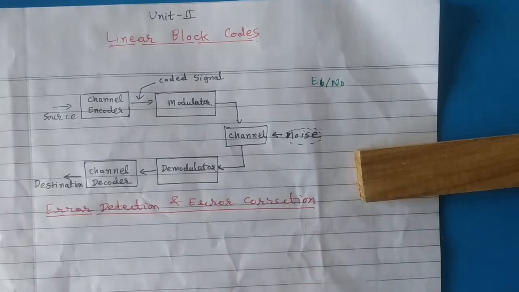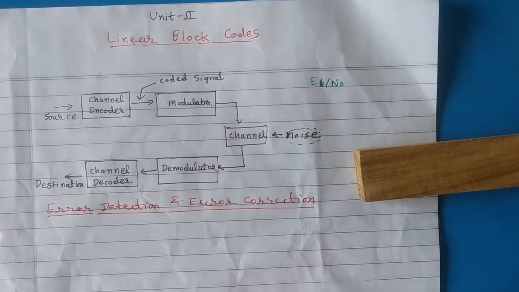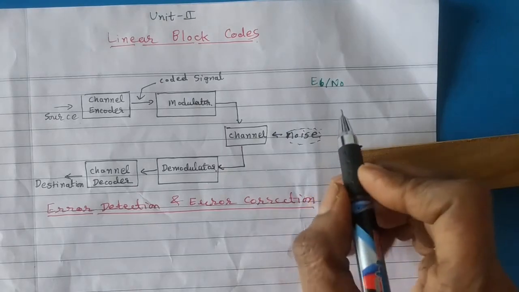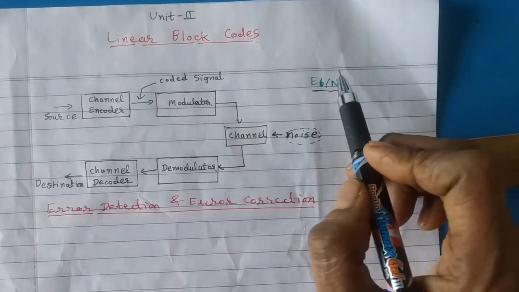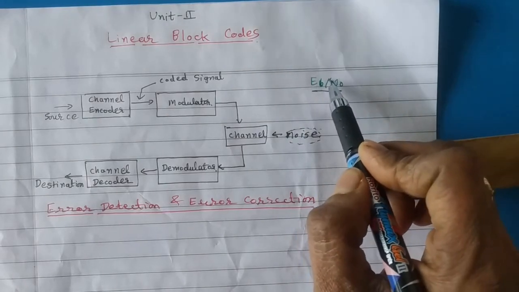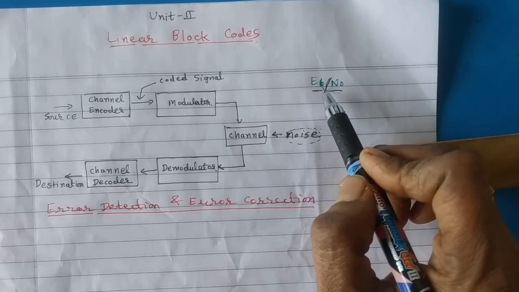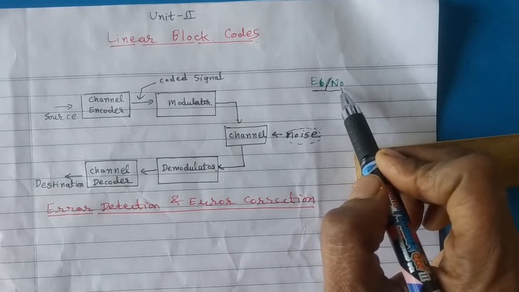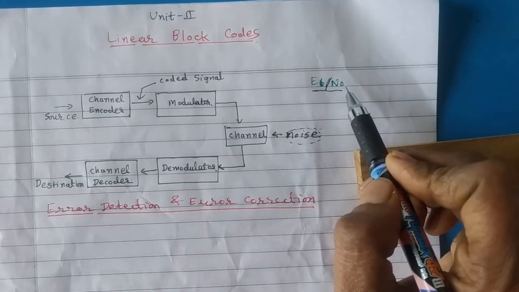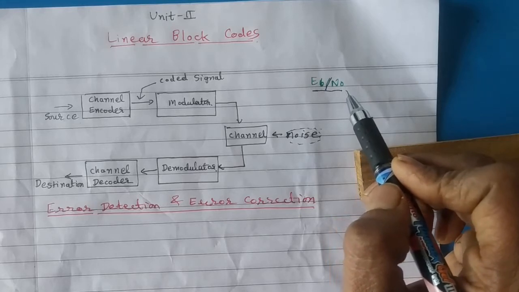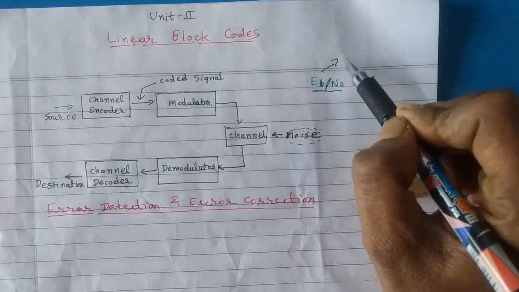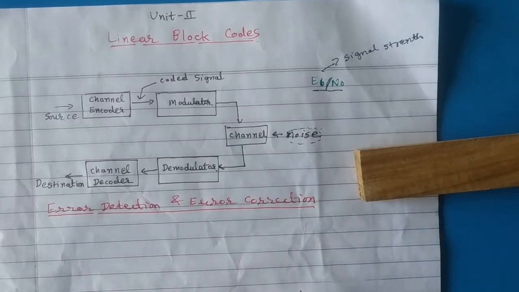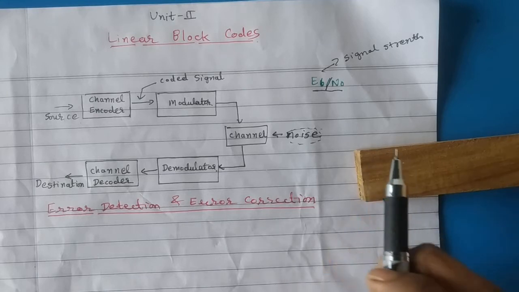So, in order to improve the reliability of data transmission, we can increase the signal to noise ratio. This is the signal to noise ratio, that is the ratio of Eb by N0, where Eb is the signal power and N0 is the noise spectral density, that is the noise power. If we increase the signal strength, transmission power will also increase, and there is always a limitation on the transmission power.